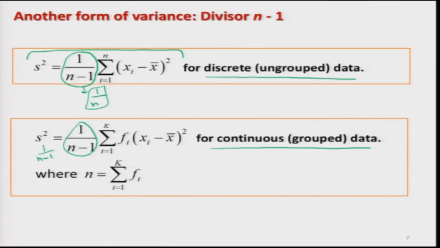Now, an obvious question comes up: why am I using this expression? Actually, the properties of this expression when we have divisor n or when we have divisor n minus 1 are different. If you have the idea of an unbiased estimator in the context of statistical inference, then when I use the divisor n minus 1, this form of the variance is an unbiased estimator of the population variance.